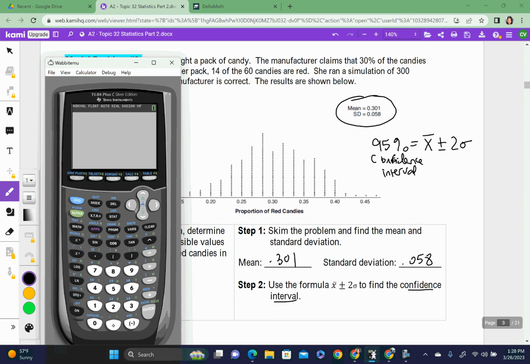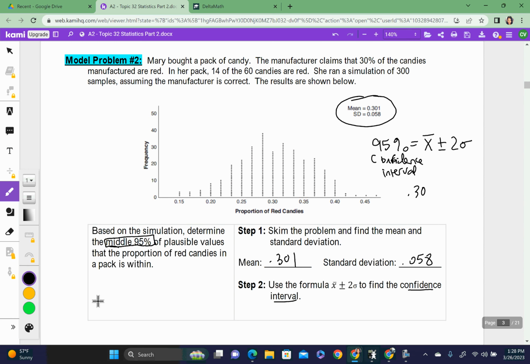So take the mean, 0.301, and I'm going to do plus or minus 2 times the standard deviation, which is 0.058. And again, I have two parts. I have 0.301 plus 2 times the standard deviation, 0.058.